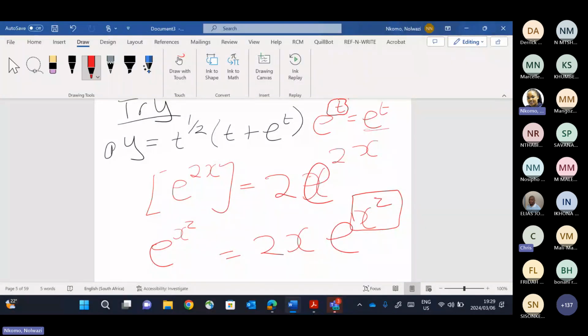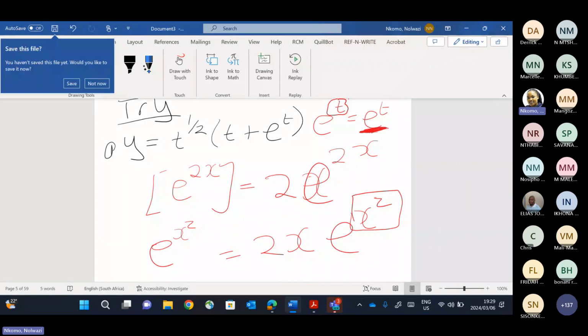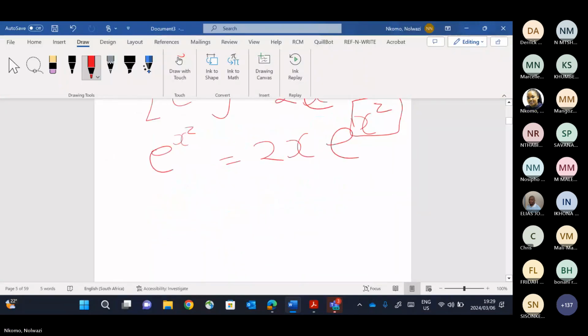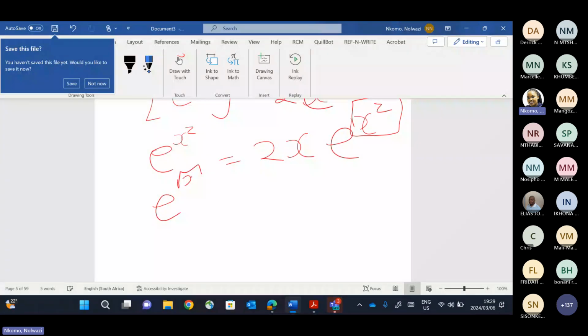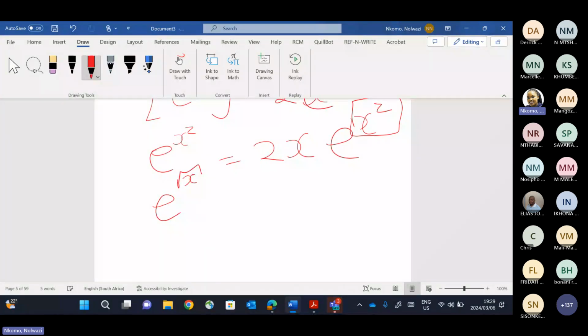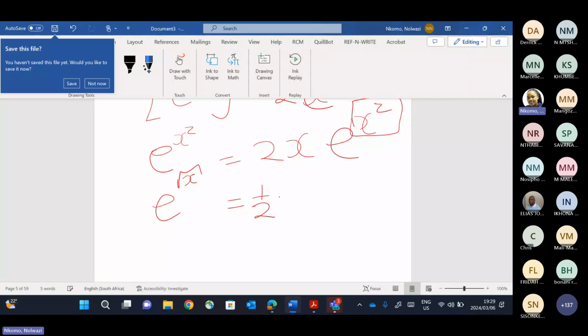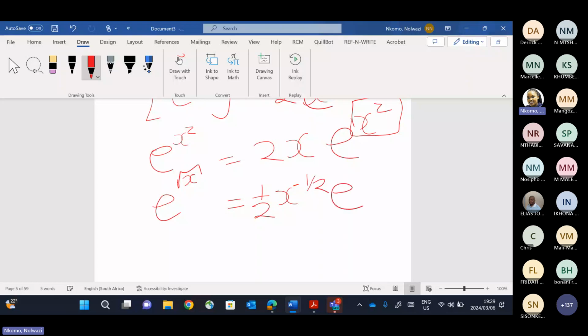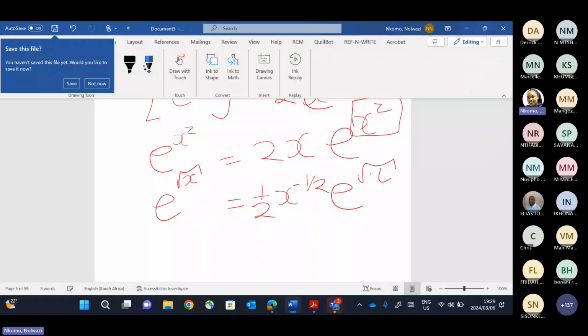If it's e to the power of just one variable, then you will get that function as it is. But if it's e to the power of a variable times something, or a variable squared, or maybe e to the power root x, here you'll have 1/2 times x to the power minus half, times e to the power root x.